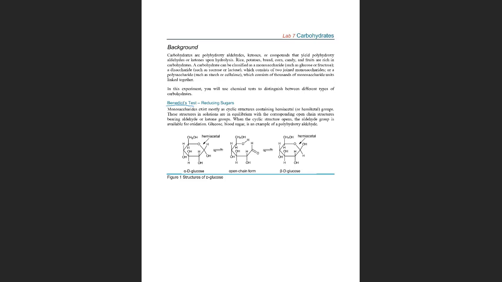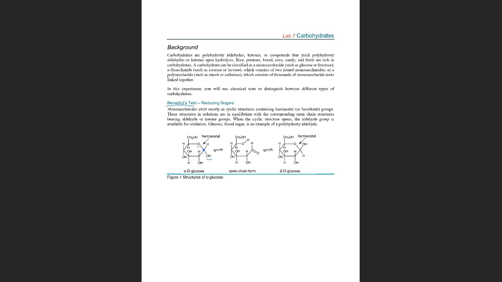Very good. And here is showing what is a hemiacetal, what we just talked about. This carbon is bound to an alcohol and an ether. Then the glucose is going to be a reducing sugar. Here is a drawing of the equilibrium.